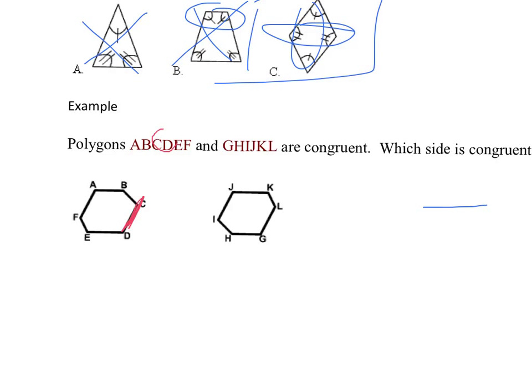You have to look at CD, which are the third and fourth letters in how that polygon was named. So I'm going to go to the third and fourth letters here, which is IJ. So CD is congruent to IJ. Notice that's this side right here. So they've been flipped around. Corresponding letters match up when you write the congruency statement.